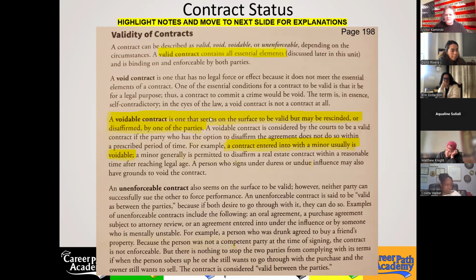I've got several examples on the next slide. Let's just do these highlights for now. And then we'll also highlight: a contract entered into by a minor is usually voidable. That's usually the example that they give. Okay.